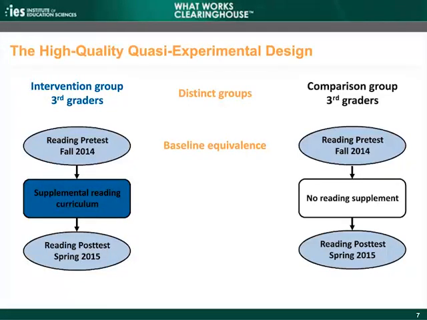Third, the only difference in what happens to the 2 groups is the use of the reading supplement, and there aren't any other confounding factors. Finally, the study uses eligible outcomes after the intervention, spring 2015, to measure reading outcomes for both groups at the end of the year. With that, I'll now turn the presentation over to Jean, who will go into more detail about each of these critical factors.